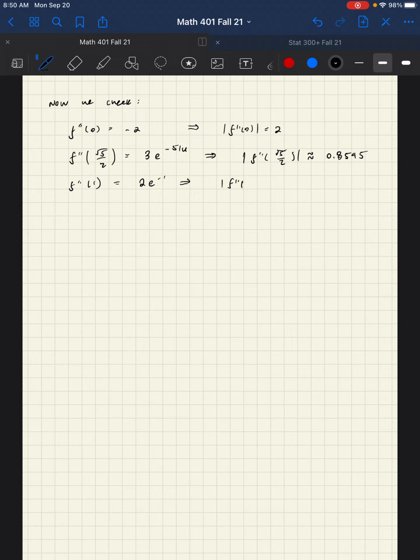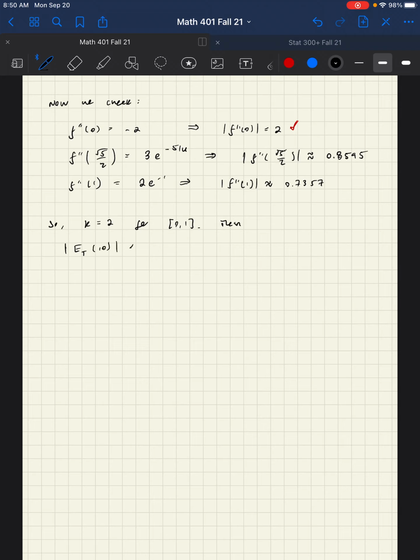And f double prime of 1, if you plug in 1, you get 2 to the e negative 1, which means that absolute value is close to 0.7357. Okay. The largest one of these is 2, which means k is 2 for the interval 0, 1. Okay. This was our winner. And then now we can set up the error bound.